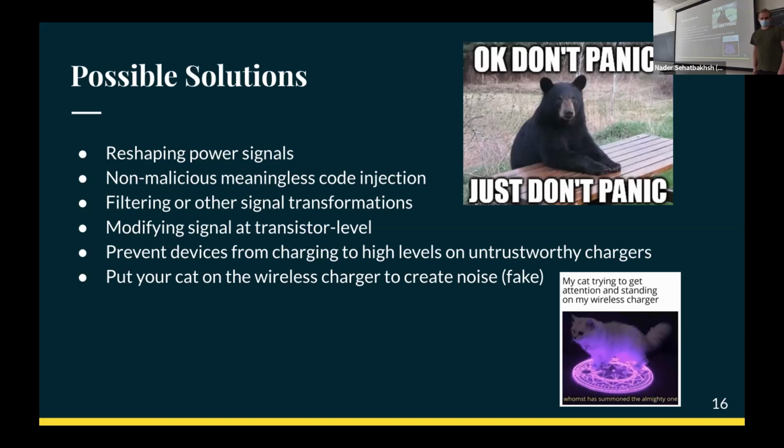We can also perform filtering or other signal transformations. This paper quoted another paper that used a 60 Hertz low pass filter to reduce the guesses made from the power curves down to just above a random guess. So again, signal processing techniques are very effective. We can also modify the signal at the power cell level, down at the transistor level, to obfuscate certain details.